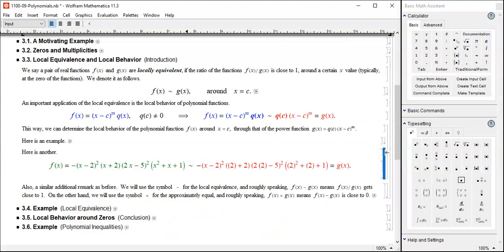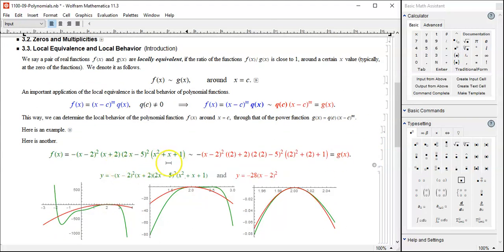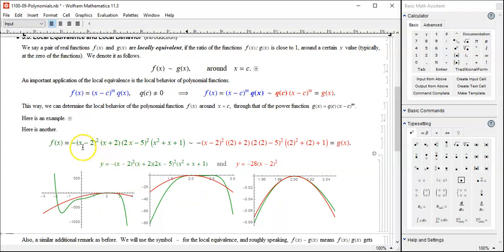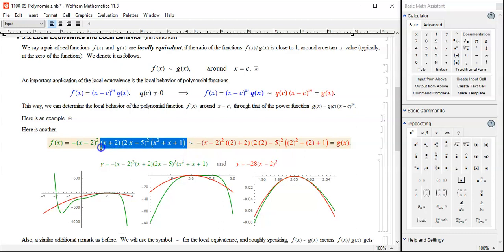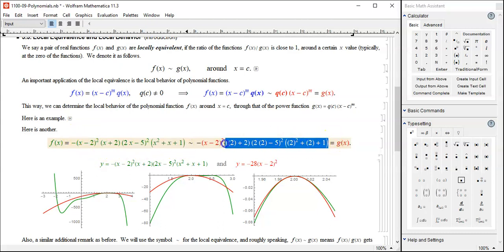Here's another example. Green is the original, and that's really complicated because we have all the x expressions there. But plug in x equals 2 to all these, and you must leave this factor because if you plug in x equals 2 here, we get 2 minus 2, that's 0. Everything is 0, we get nothing. So leave it and plug in x equals 2 to all these, and this will turn out to be 28.